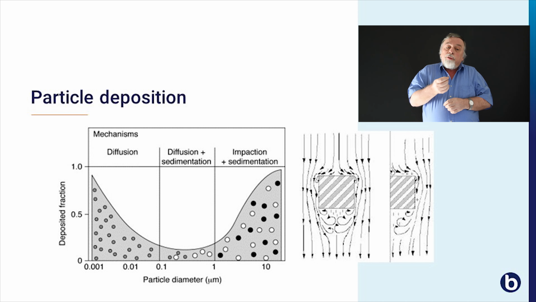When you look at particles smaller than 1 micrometer, we come into the area where particles are moved by Brownian motion, by diffusion, and they also deposit on surfaces. When we look at particle deposition in clean rooms, in relation to operational quality, we focus on particles larger than 1 micrometer.